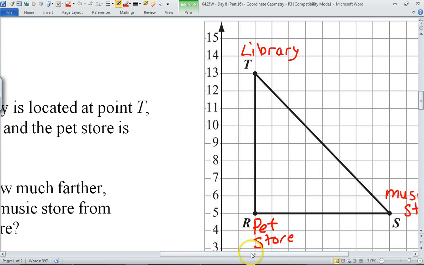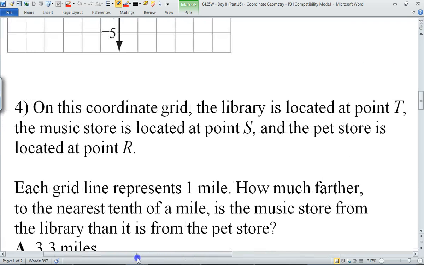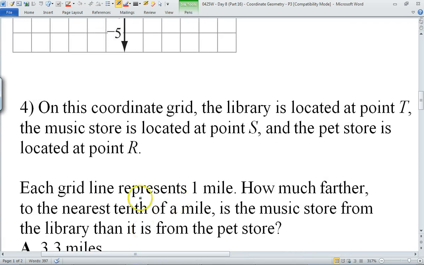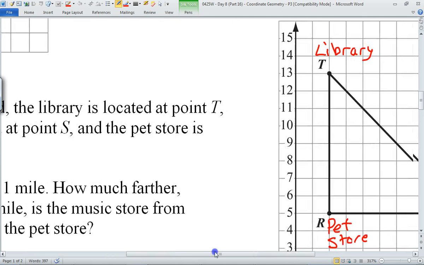Okay? Now, what are we supposed to find here? Luckily, each grid line represents 1 mile, so we won't have to multiply by anything. How much farther is the music store from the library than it is from the pet store?